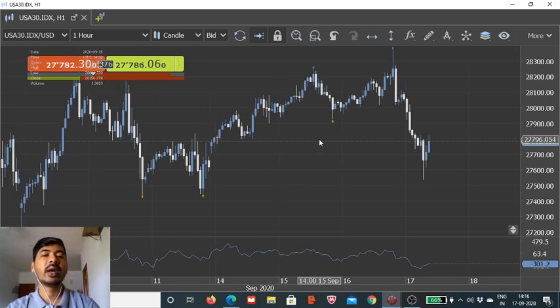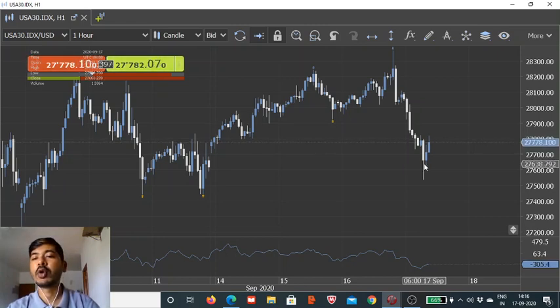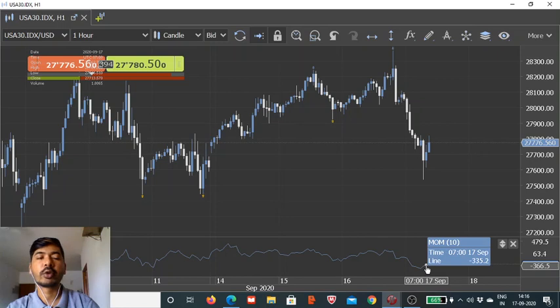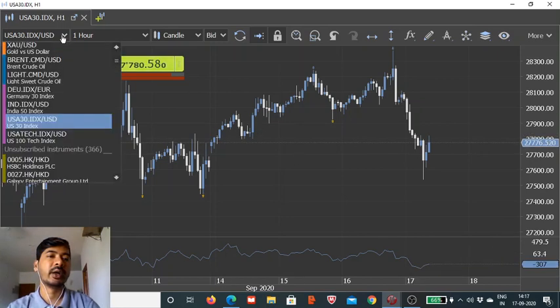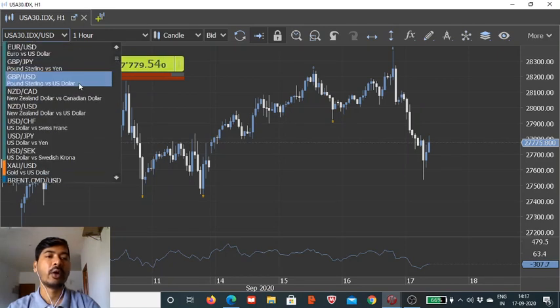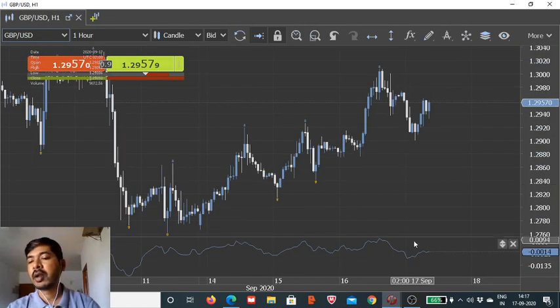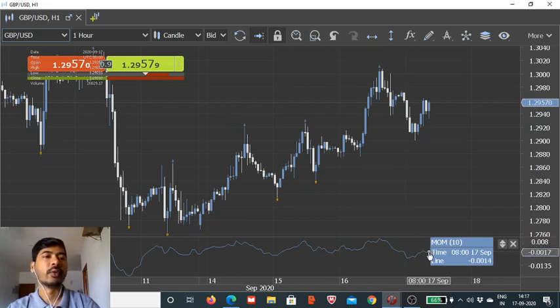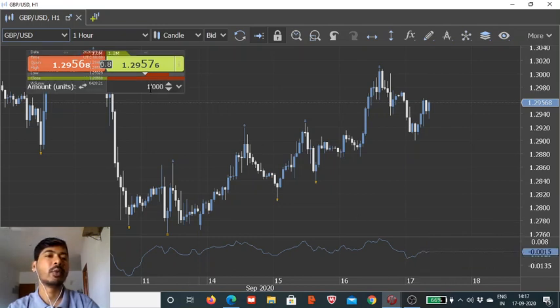This indicator is similar to the ROC, the rate of change, but here we don't normalize the output value, and because of that, if we simply change the instrument, you will have different results depending on the underlying instrument. In case of GBP USD, we see the output value being in 4 decimal points.